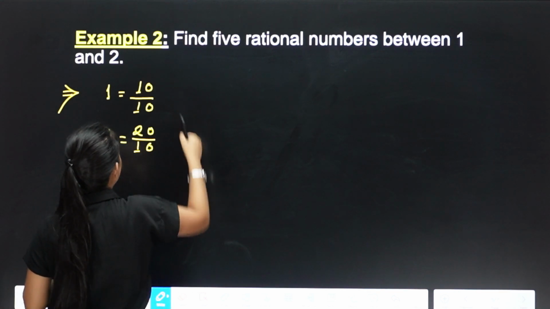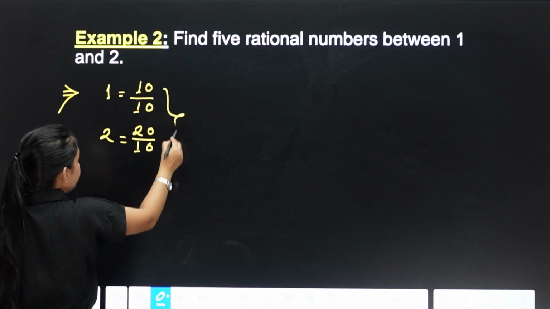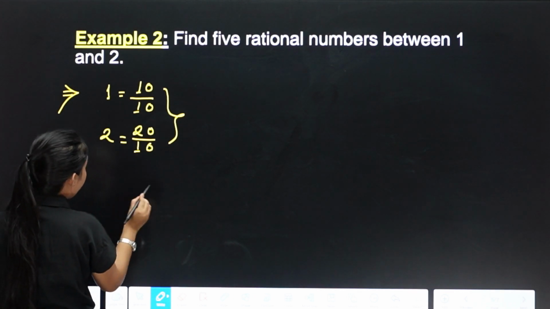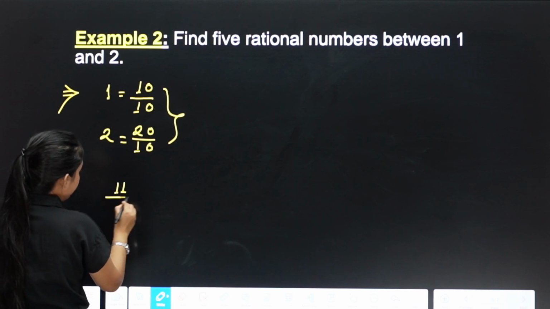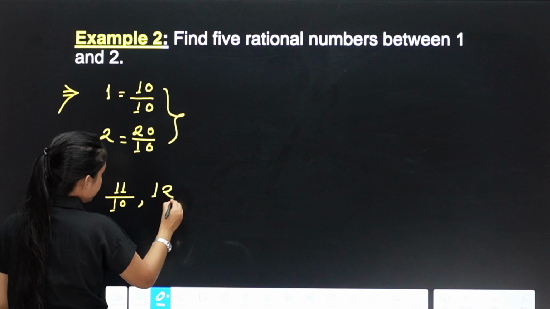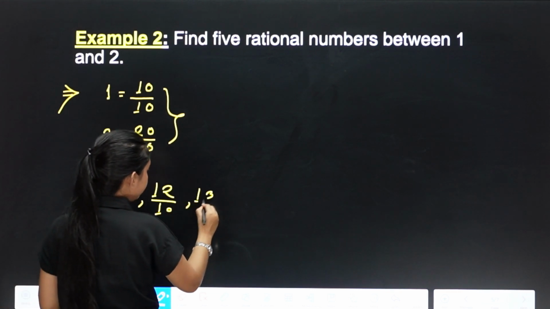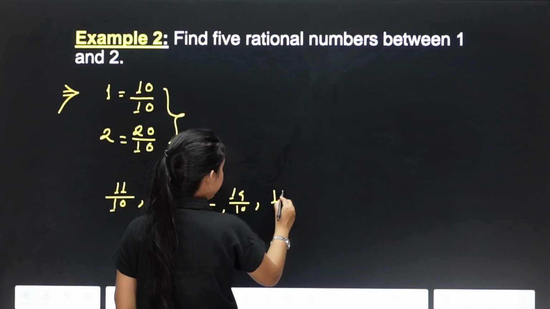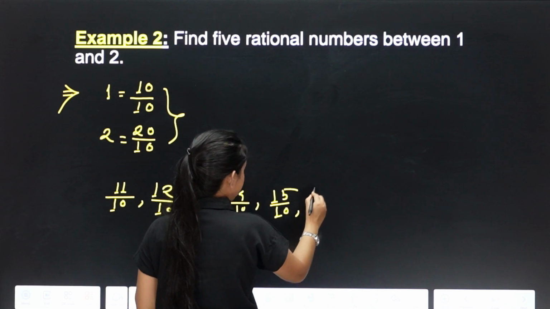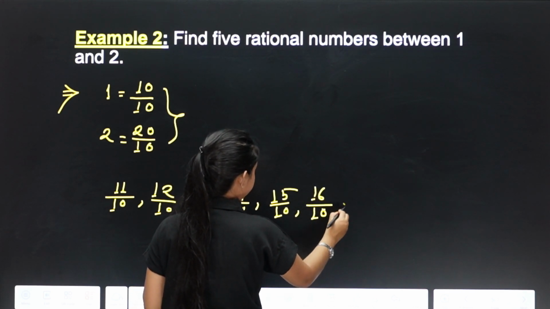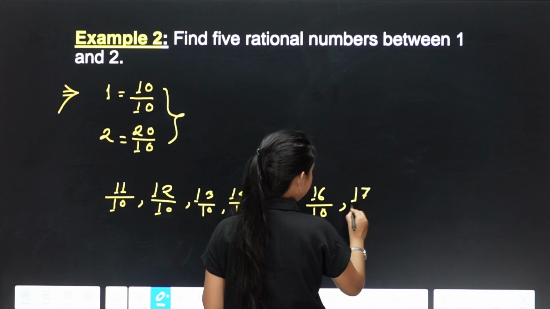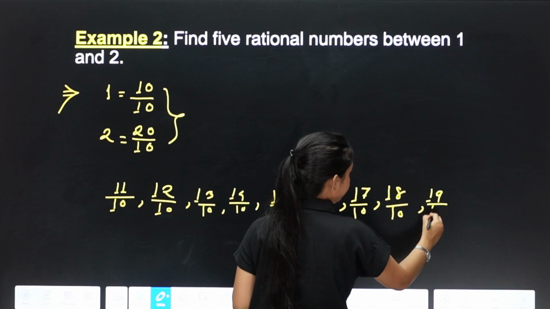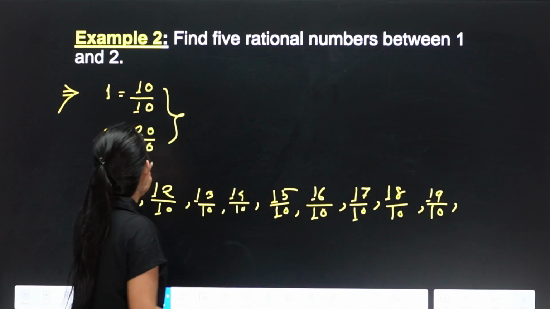Here we can see that there are infinite rational numbers. They start from, for example, 11 by 10, 12 by 10, 13 by 10, 14 by 10, 15 by 10, 16 by 10, 17 by 10, and 19 by 10, and then 20 by 10.